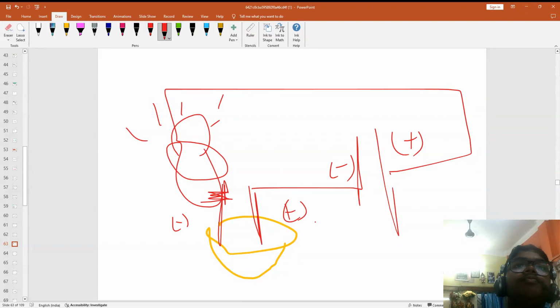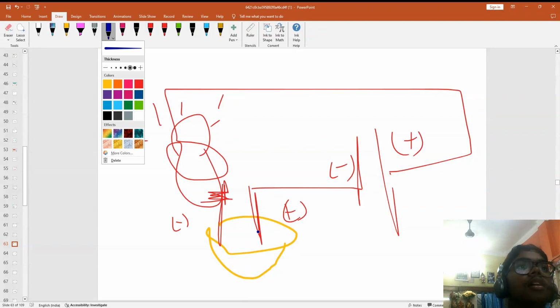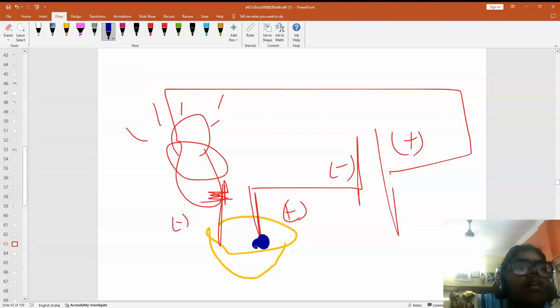Now here we will be seeing a bluish green spot, because you know that from here it will be passing.